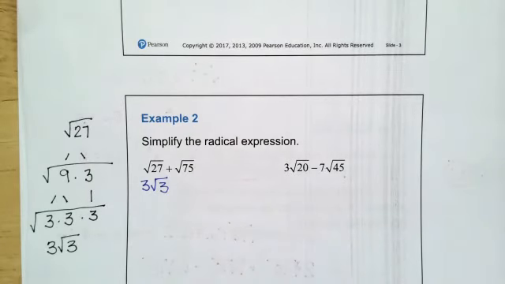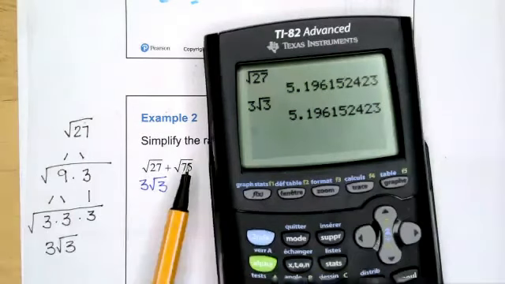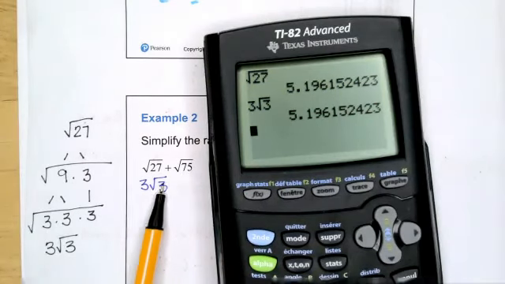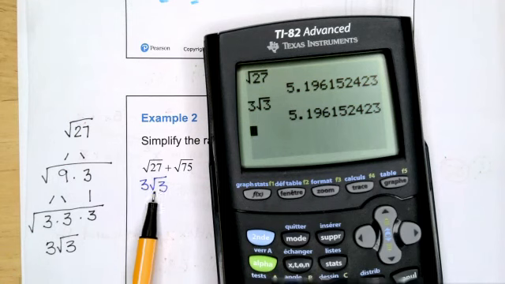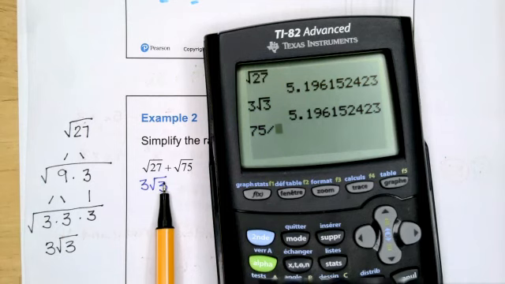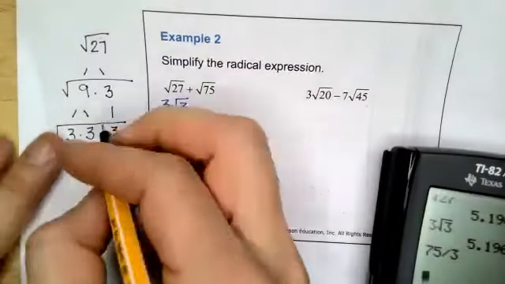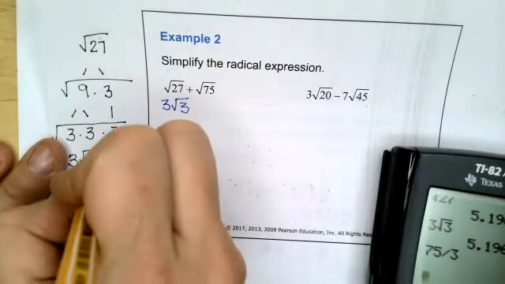So a good idea, if you know what you're doing, is take your second term, divide it by what was left under here, because I want this one to have a 3 left over too. All right, because then I can combine them. So 75 divided by 3 is 25. Or you can do a factor tree.